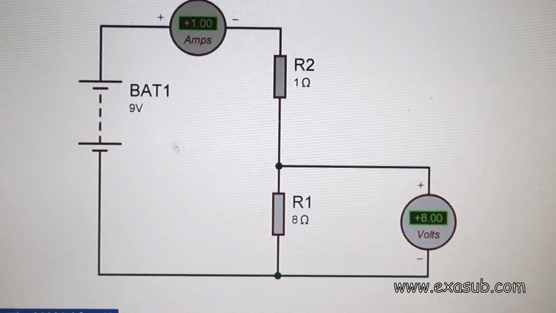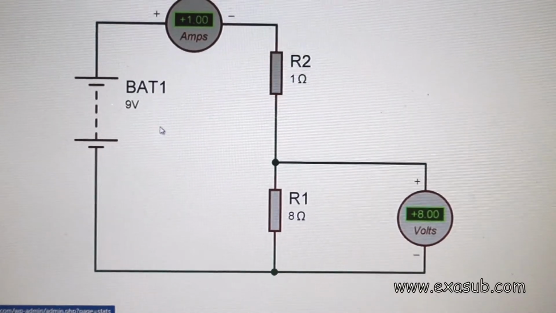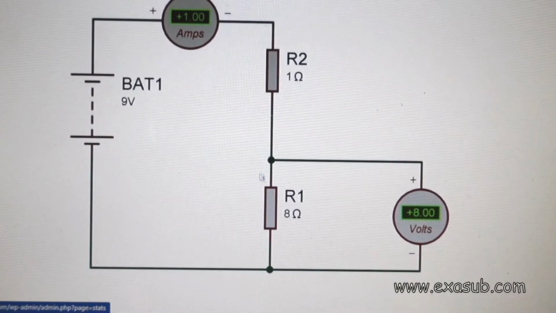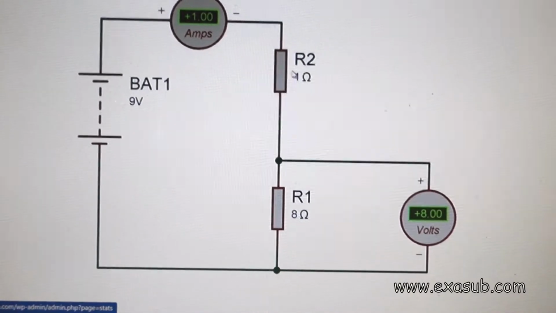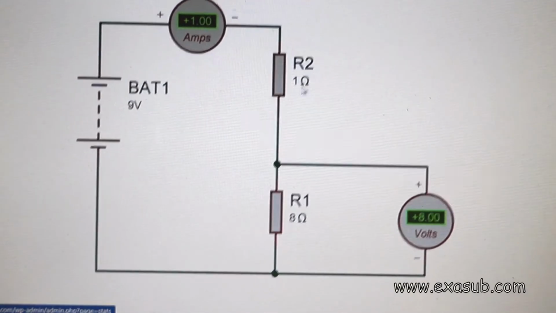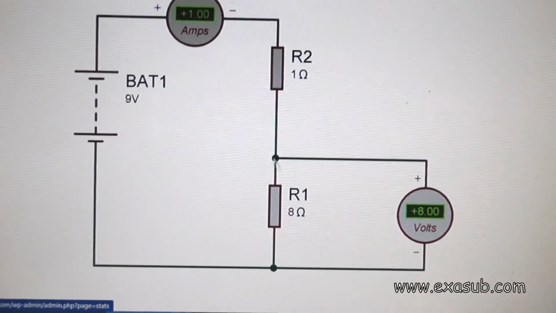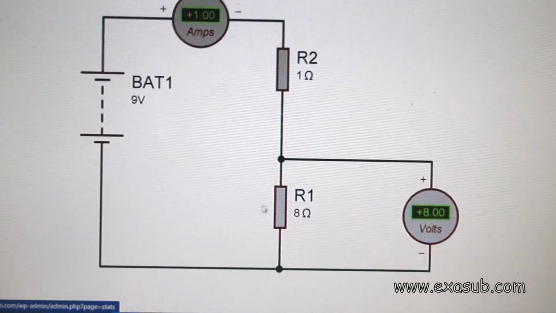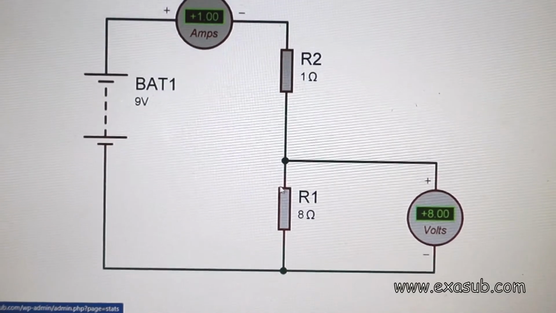If we implement Ohm's law on these resistors, we have a voltage drop of 1 volt across this R2 and a voltage drop of 8 volts across R1.